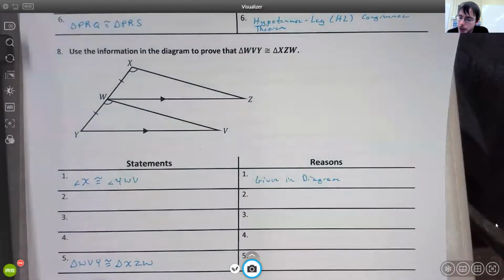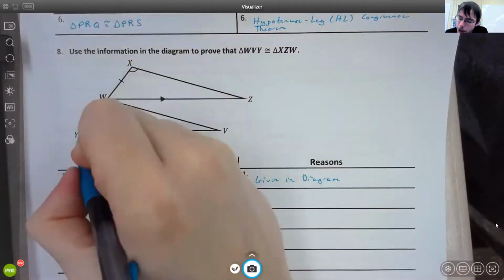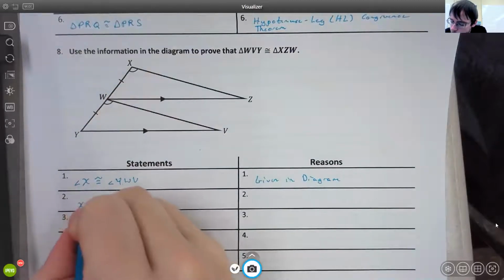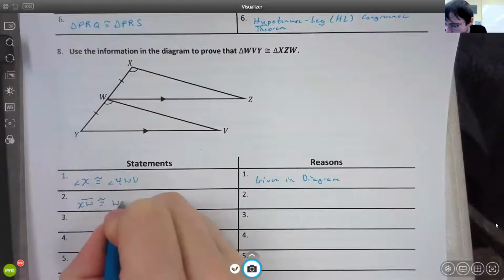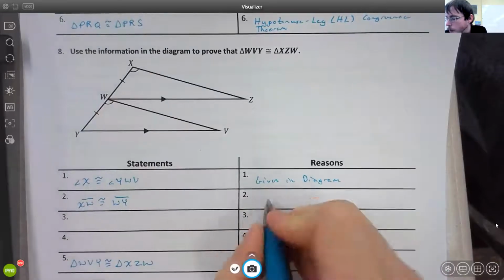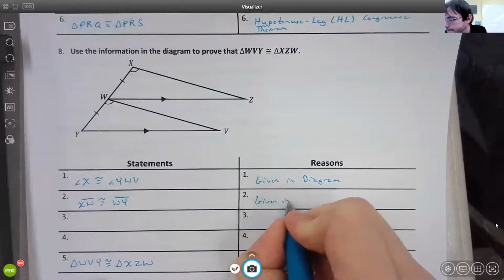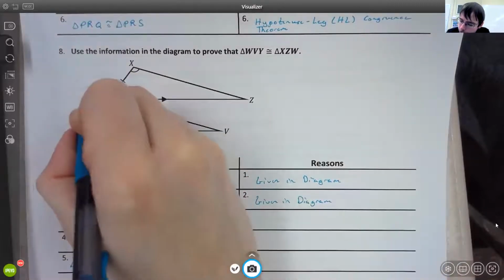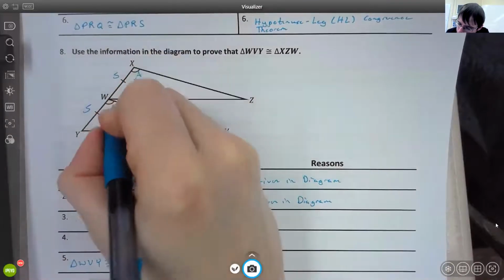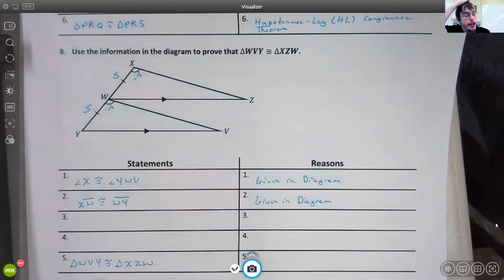Next up, it gives us that XW is congruent to YW. That's given in the diagram. So we have a side and an angle given to us so far. So we need one other piece of information.